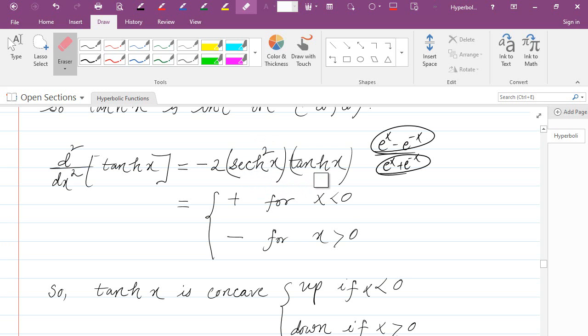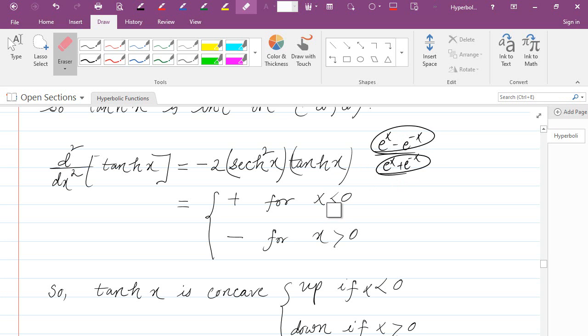Now hyperbolic tangent, if you look at the hyperbolic tangent of x formula right here, you can see that it is this divided by that, right? So the denominator here is always positive. So the sign will be determined by the numerator, and the numerator is positive when x is positive, and it is negative when x is negative.